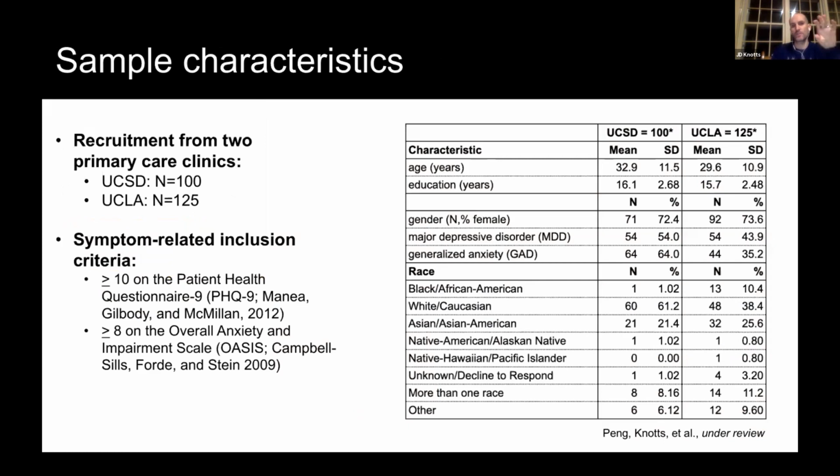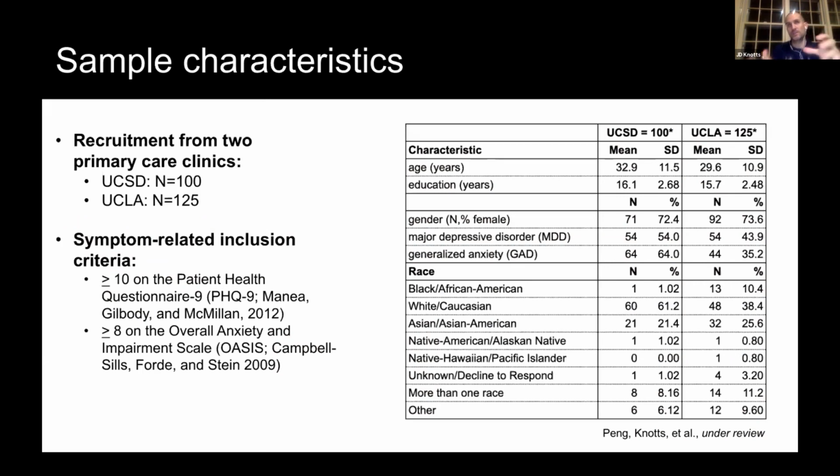We collected data from 225 participants across UCLA and UCSD. And some important inclusion criteria were that they had to score at least 10 or higher on the PHQ-9, which is supposed to measure depression symptoms, and 8 or above on the OASIS, or overall anxiety and impairment scale, which measures anxiety.